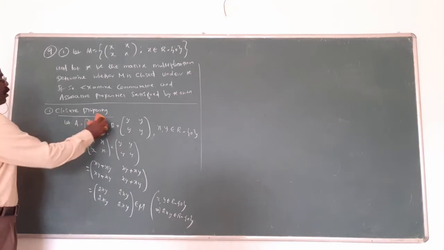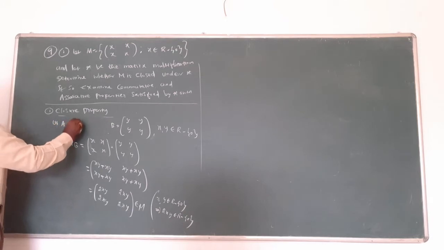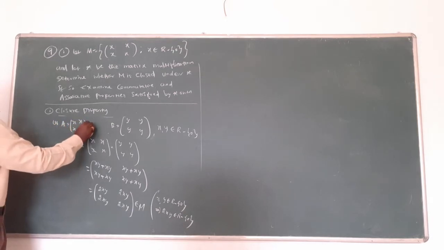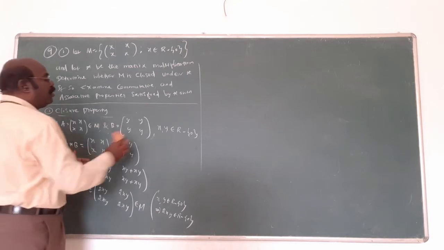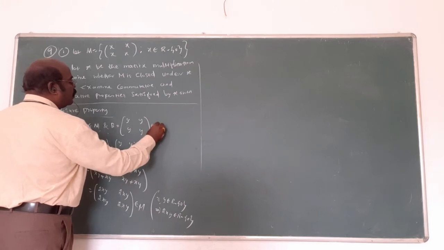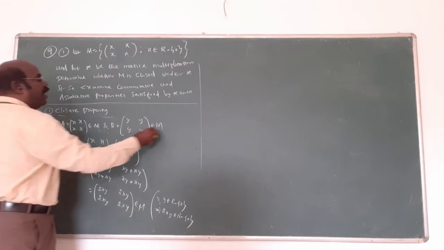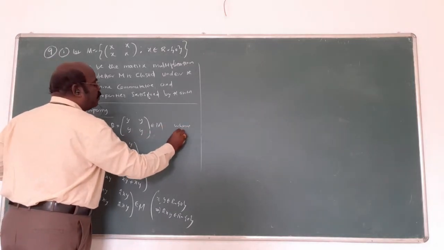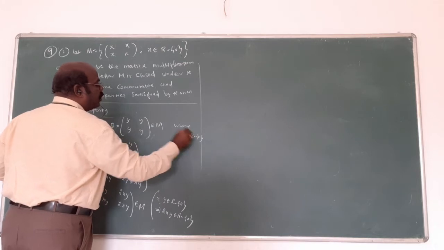So A, the matrix [x x; x x], belongs to M and B also belongs to M. Both elements belong to M, where x and y belong to R minus 0.